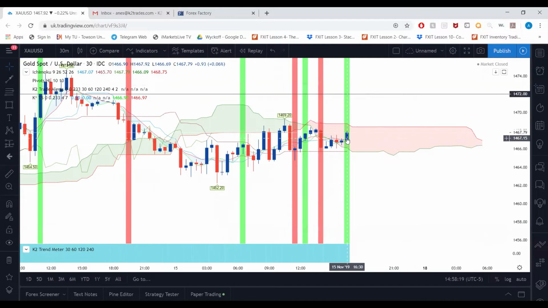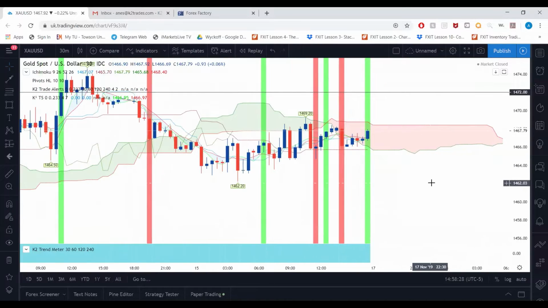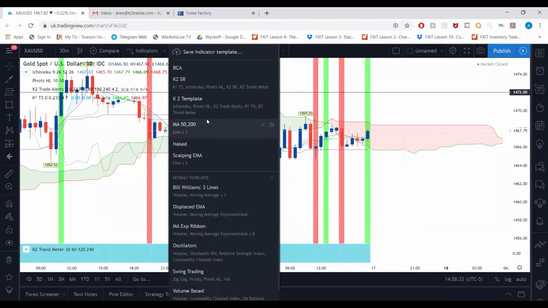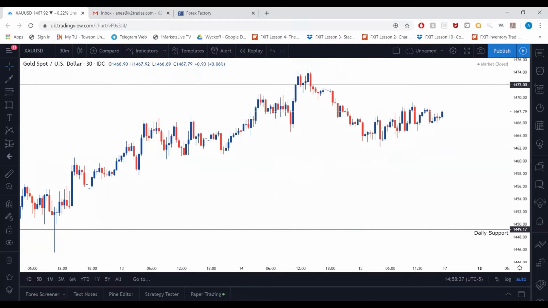It's a buy signal right in the middle of the cloud. So that doesn't present any opportunity. So you're welcome.